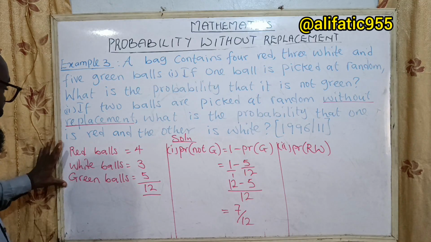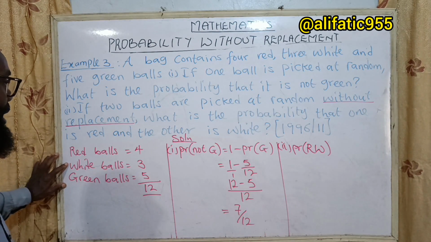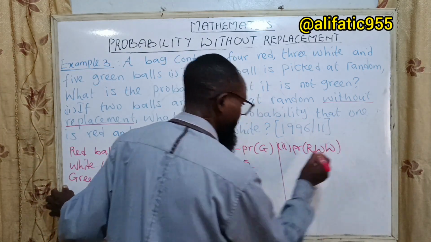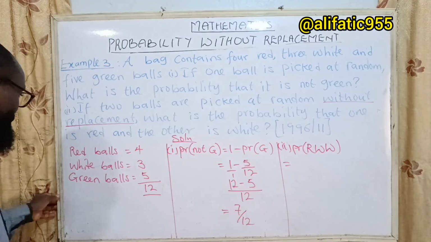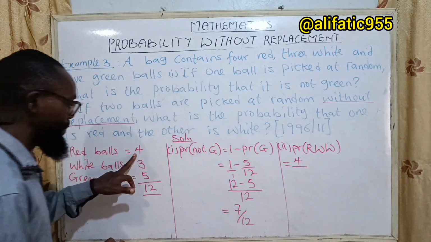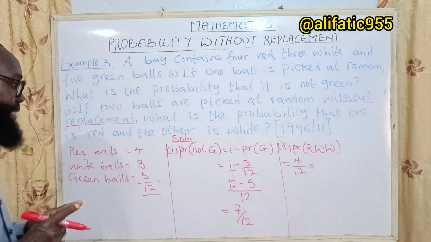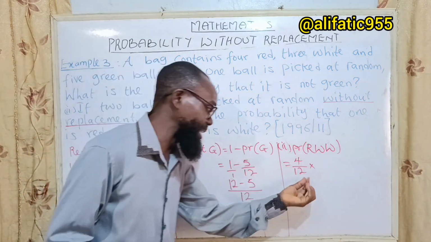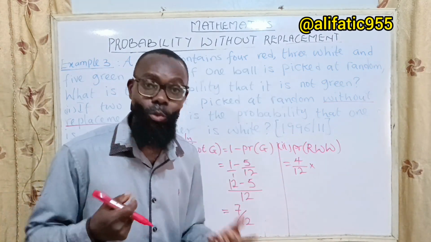Yes, and we have 3 white balls here. If the first one is red, the other is white. So probability of the first red, we have the number is 4 over the total number is what? 12 multiplied by. For the whites, how many whites do we have? 3.